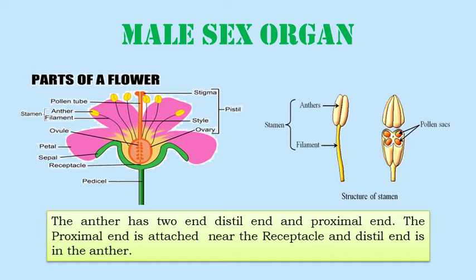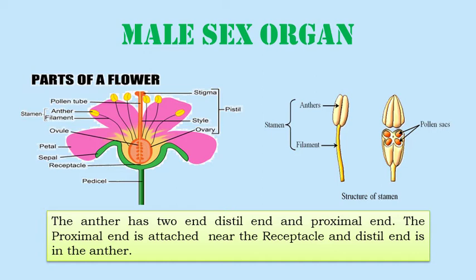Here we can find the production of pollen, and there can be 4 sacs. Have you seen the brown pollen sacs given here? So we can see 4 pollen sacs in each anther of the angiosperm.